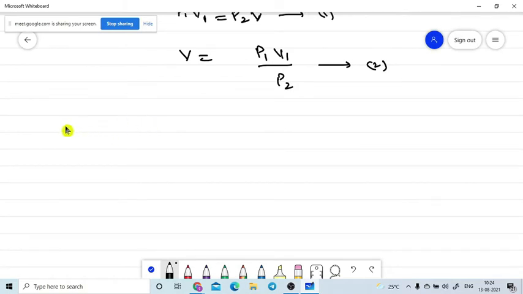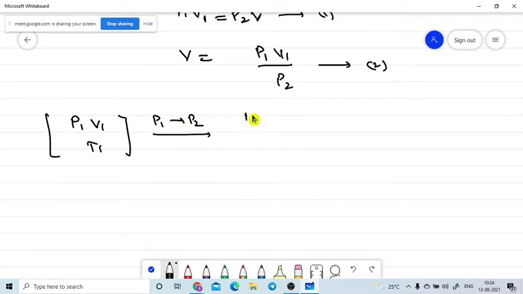Now I am taking the second state. In the previous state, I took P1, V1 and T1 as the state of the gas. While changing P1 to P2, I converted the gas to pressure P2 and volume V, with temperature T1. But now I am increasing the temperature from T1 to another temperature T2.